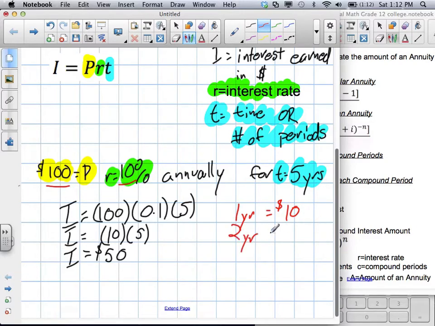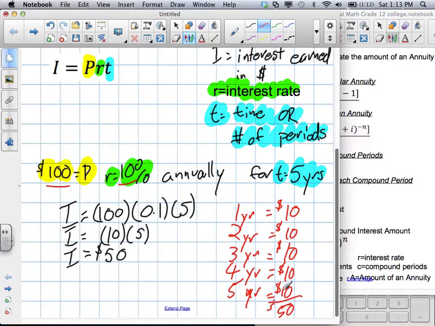Year 2, we earned 10. Year 3, 4, and 5, how much do we earn? $10 every single year. So $10 every year accumulates to $50. So we've earned $50 in interest.